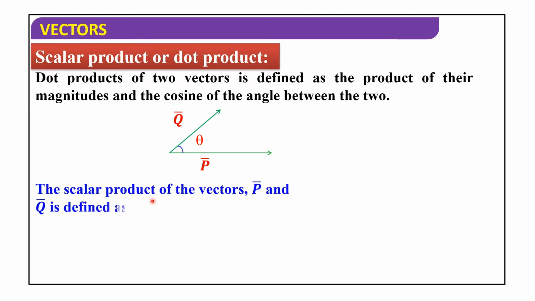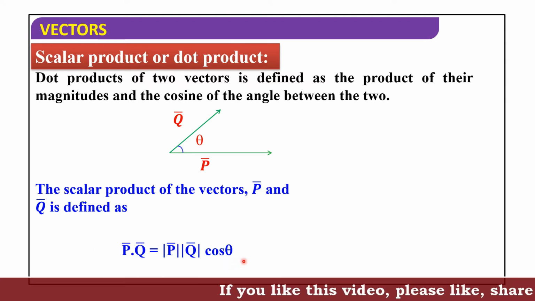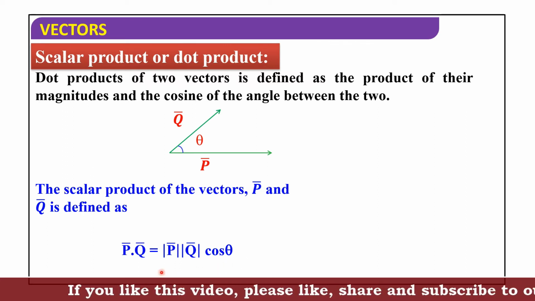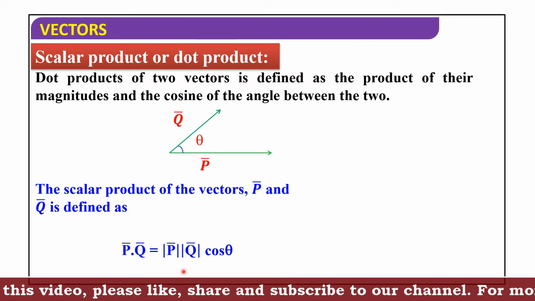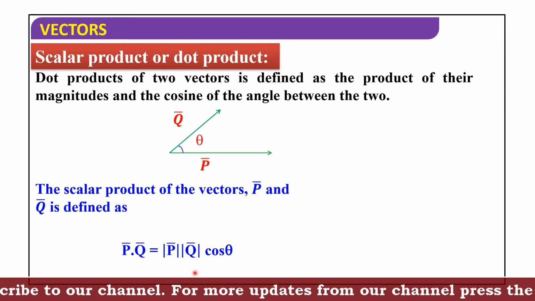The scalar product of the vectors p bar and q bar is defined as p bar dot q bar equals modulus of p and modulus of q cos theta, or magnitude of p bar and magnitude of q bar cos theta.